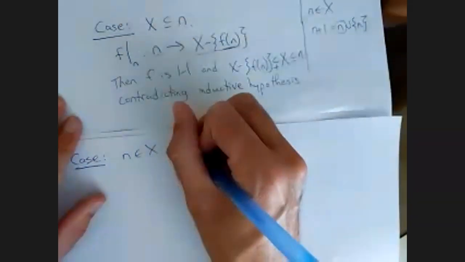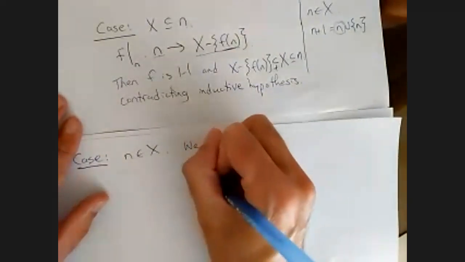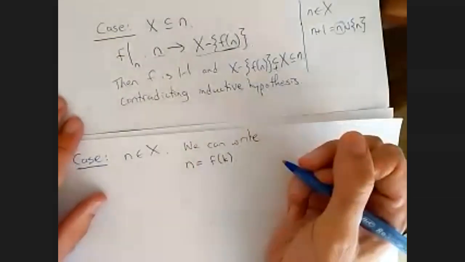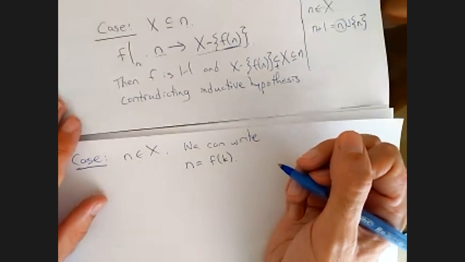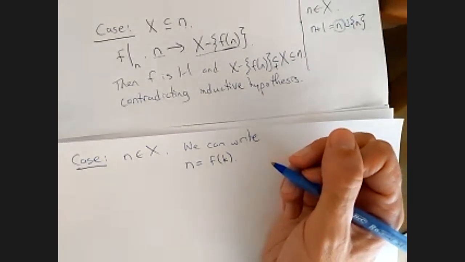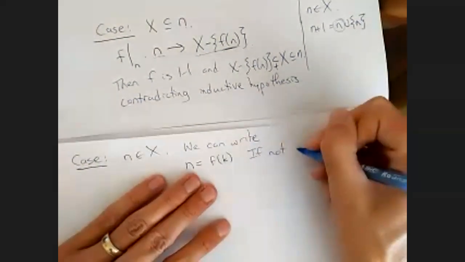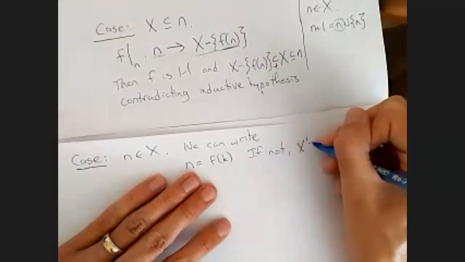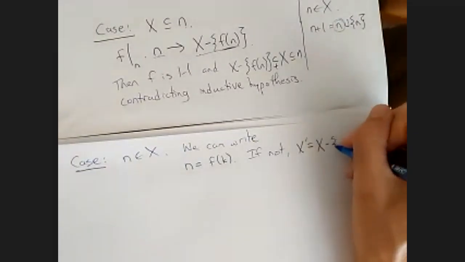we can write n is equal to f of k. Okay, if not, let x prime just be x minus n.